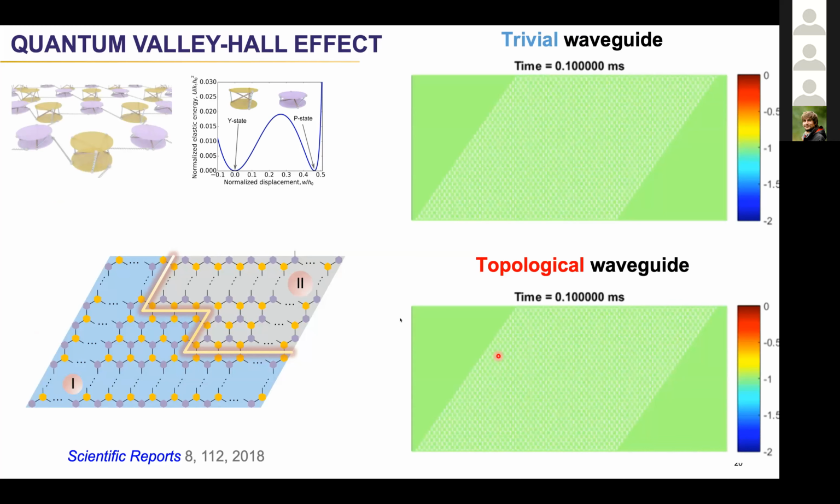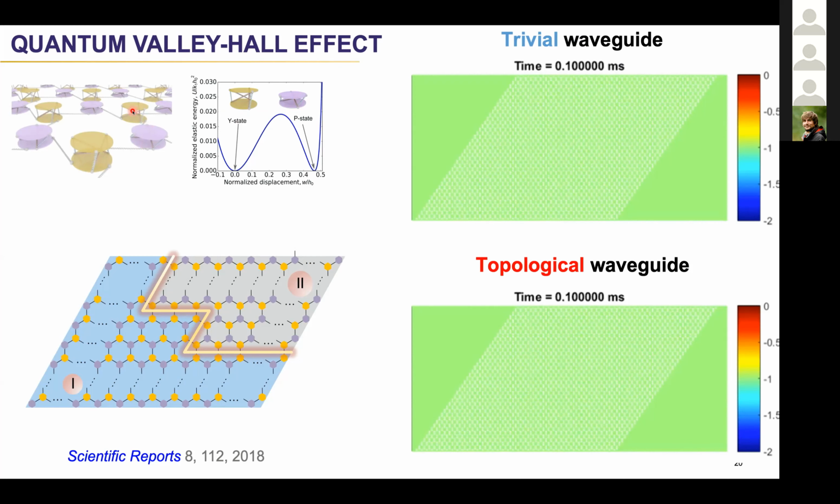There's another effect called quantum valley Hall effect, which we explored. So here the lattices are made of bistable elements with two stable states. One state is denoted by yellow color, the other one is denoted by purple. So in this lattice, we can maintain these states alternatively.